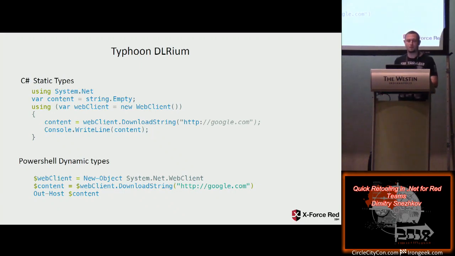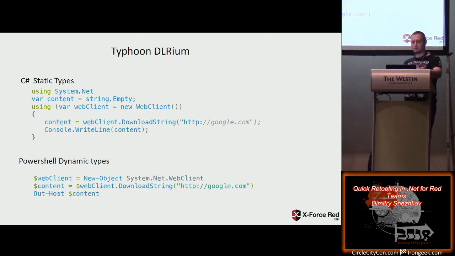Here's the difference, right? You've got the C# static types. What that code does, it basically goes out to google.com and fetches a page, but it does it in C#. The command in PowerShell is a dynamic way of doing so. But we want to assume the dynamic nature of PowerShell, but without PowerShell, so we do not get logged and flagged.